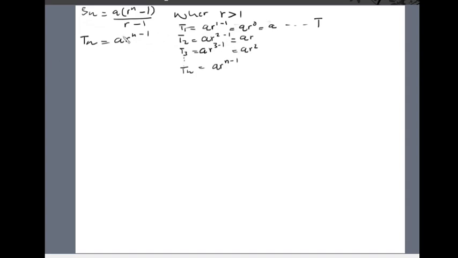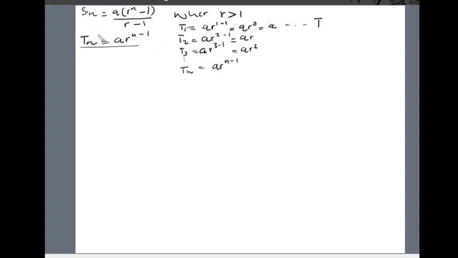So by definition, this is the general term of a geometric sequence, and we want to prove that the formula for the geometric series is given by this. So we want to prove that when you sum the terms of a geometric sequence, you will end up with this general formula here.